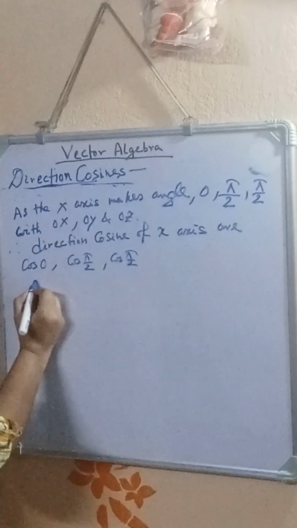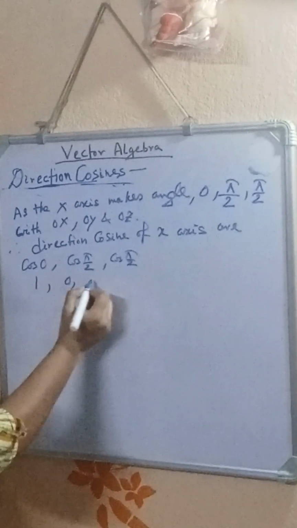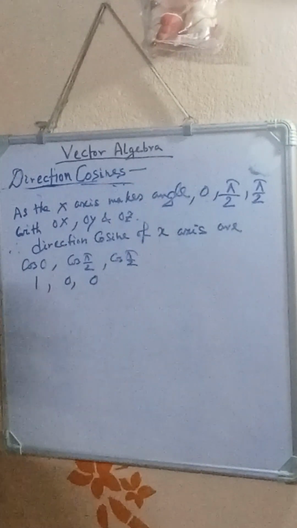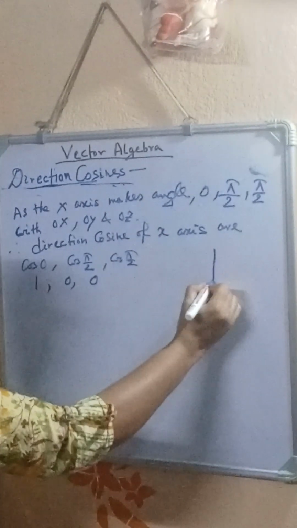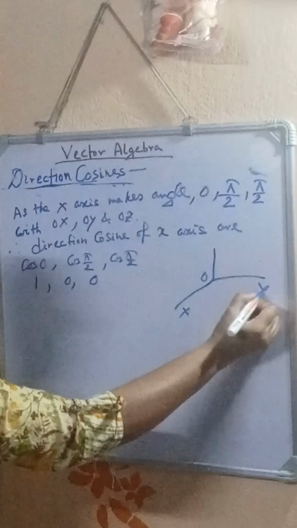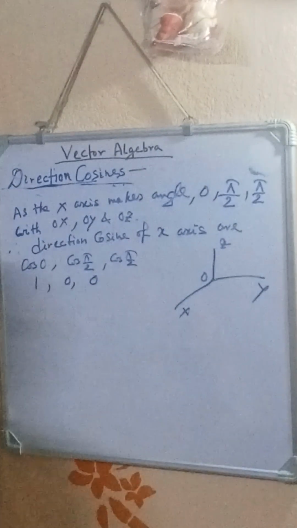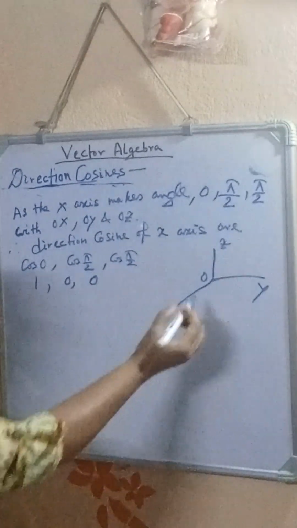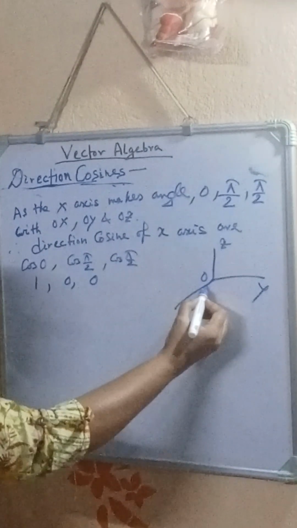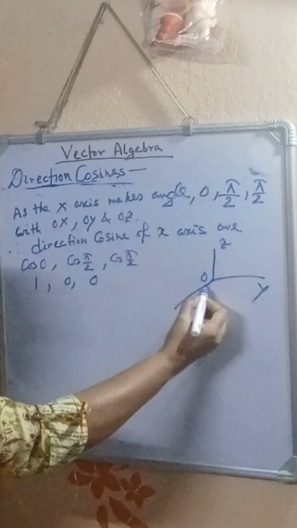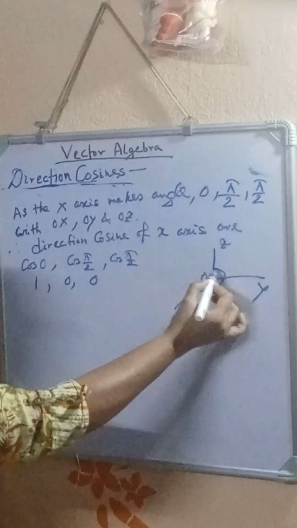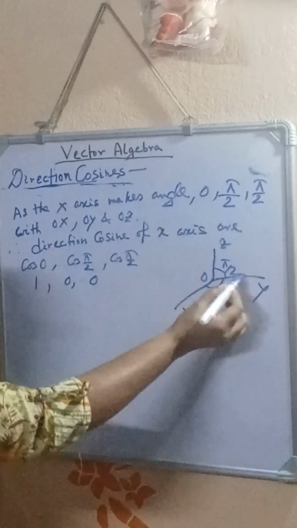The value of cos 0 is 1, cos pi by 2 is 0, cos pi by 2 is 0. Therefore, the direction cosines of the x-axis are 1, 0, 0. As the x-axis makes angle 0 with itself, the angle between OX and OY is pi by 2, and the angle between OX and OZ is pi by 2.